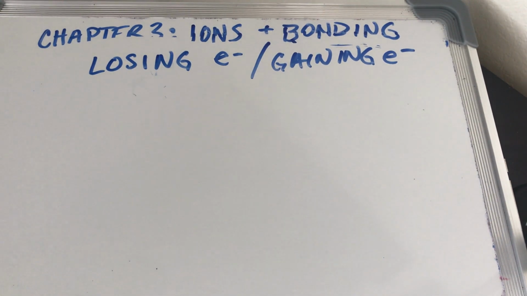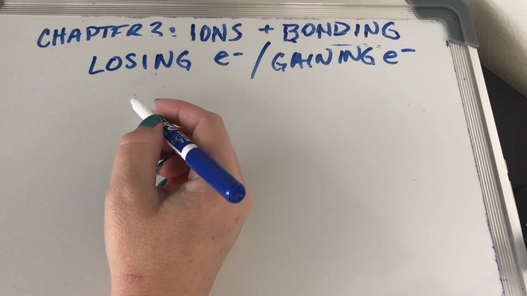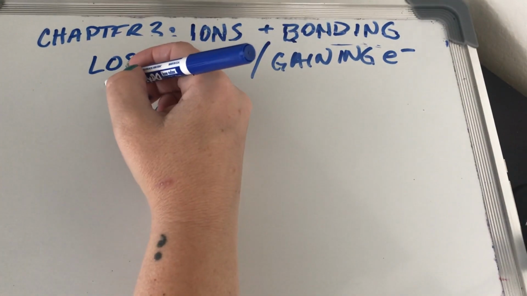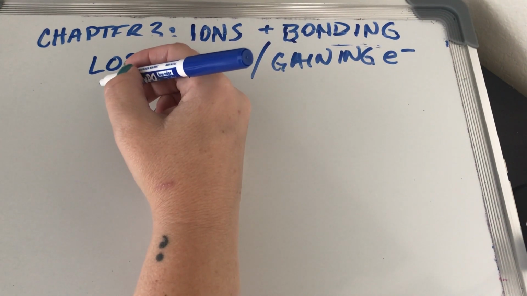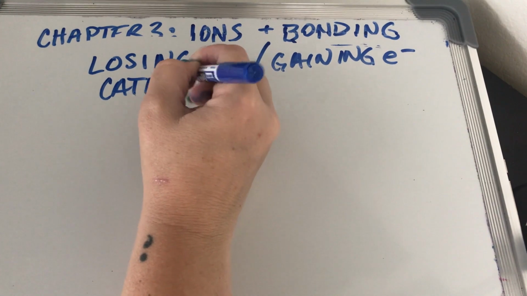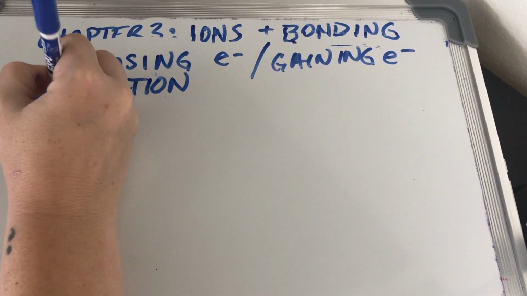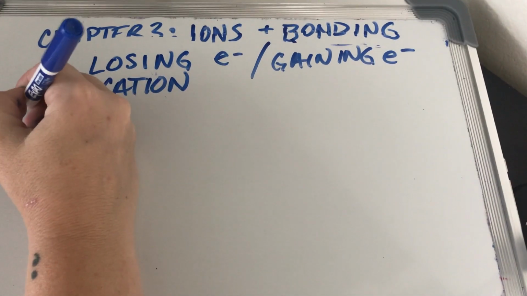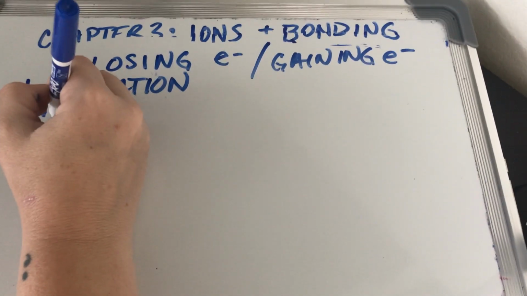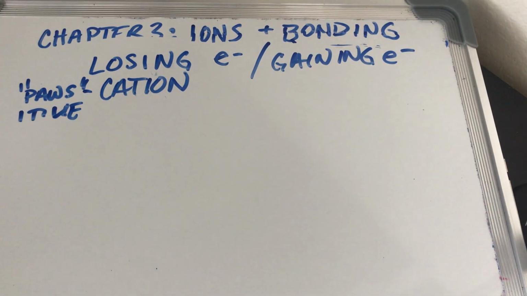So if we're losing electrons, what kind of charge are we going to end up with? Positive charge, right? What kind of ion do we call that? Cation. Cation, and again, that's positive, right? Paws like a kitty cat.